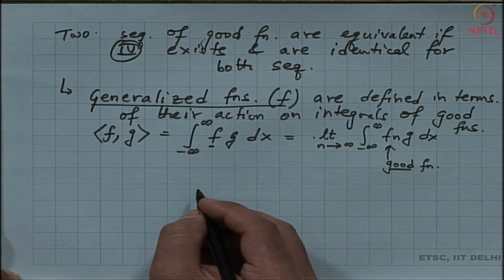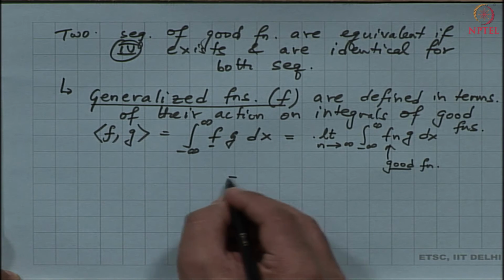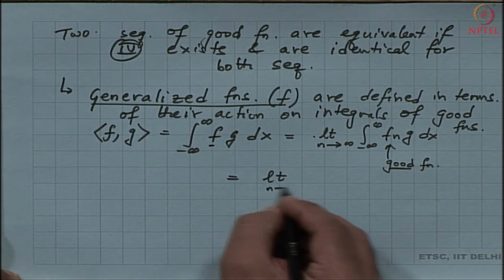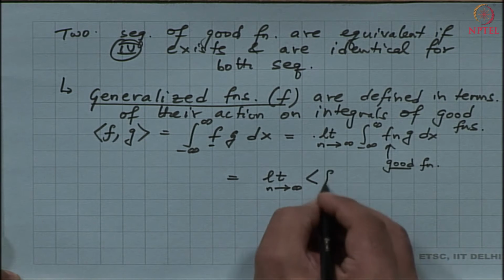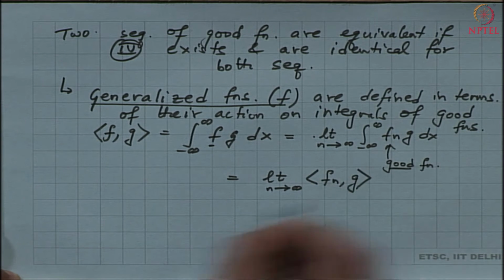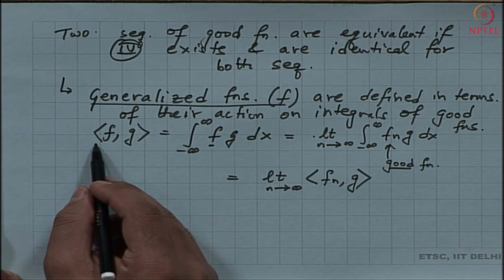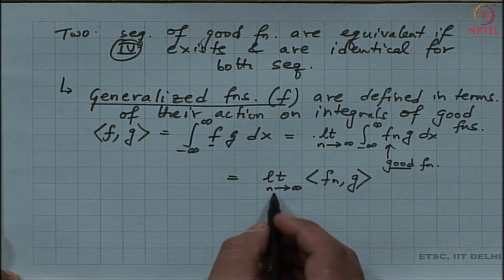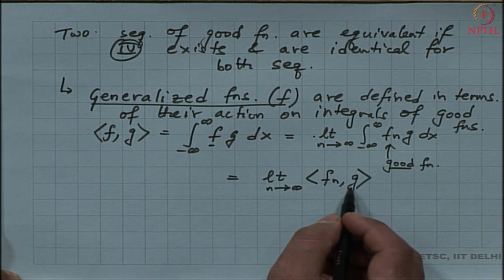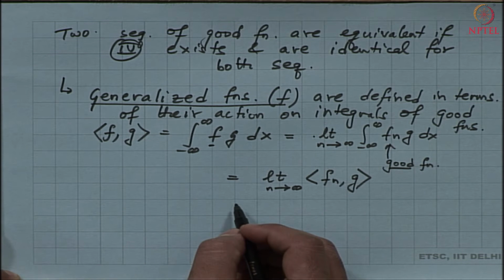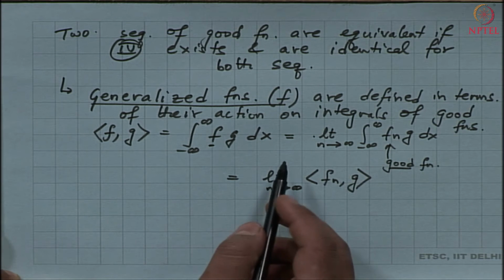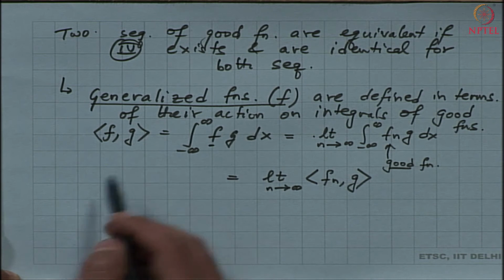I get that this is also equal to the limit n tending to infinity of the bracket f_n comma g. So, my action of f on g is defined in the limiting sense of f_n on g. This is how I define my generalized function.